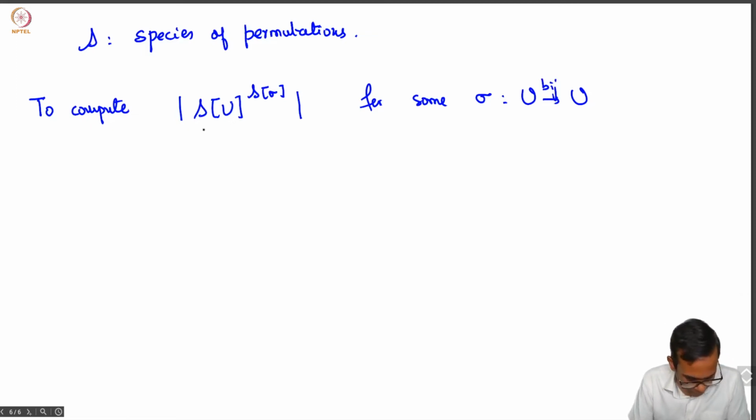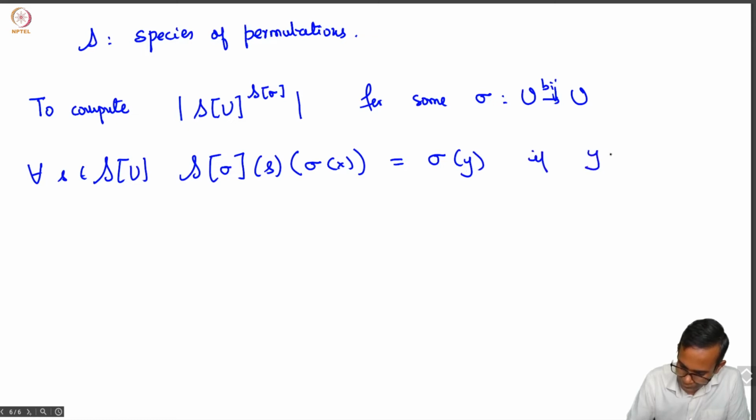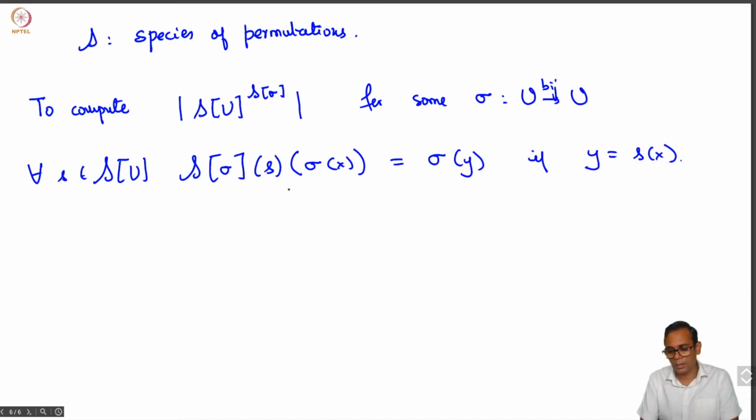Now the main thing to note is that S[sigma] of s, so if s is in S[u], so s is just a permutation on u, then S[sigma](s) sends sigma x to sigma y if y is s of x. So this is how S[sigma] of s is defined, the transport of structure s under sigma.